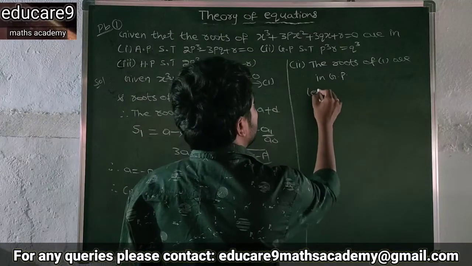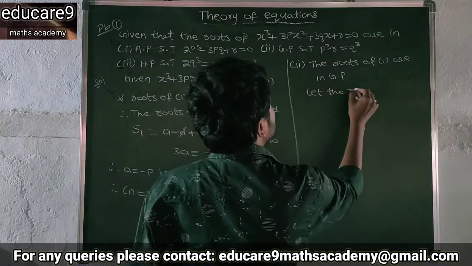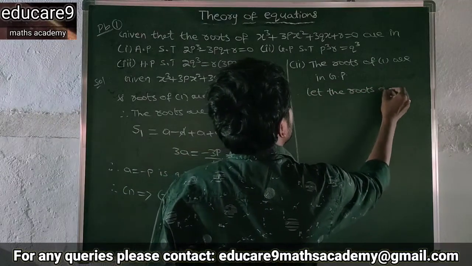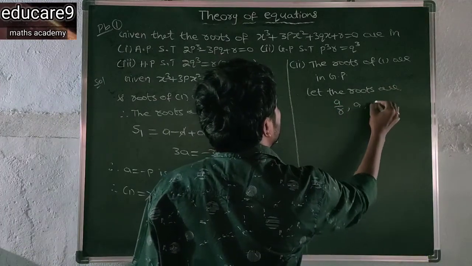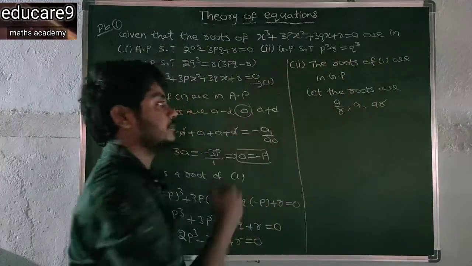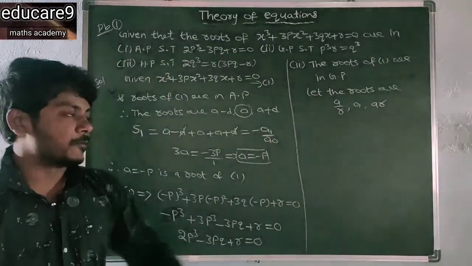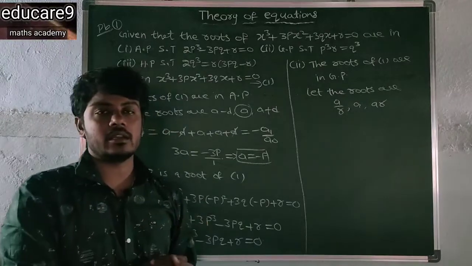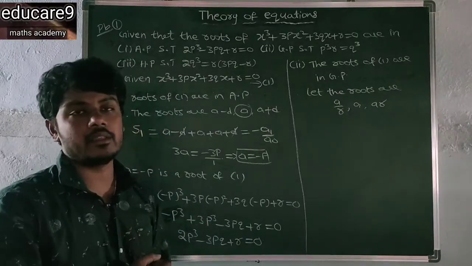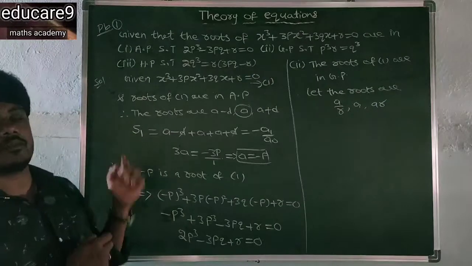Therefore, let the roots be a by r, a, ar. If roots are in GP, in that case we have to take S3. If roots are in AP, in that case we have to take S1.